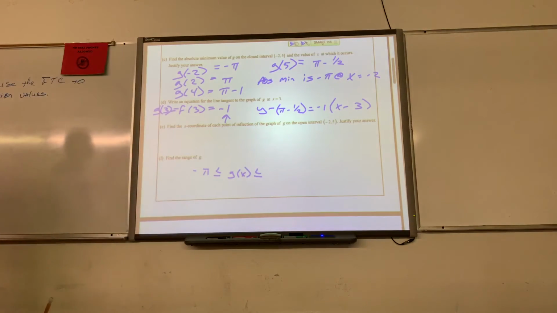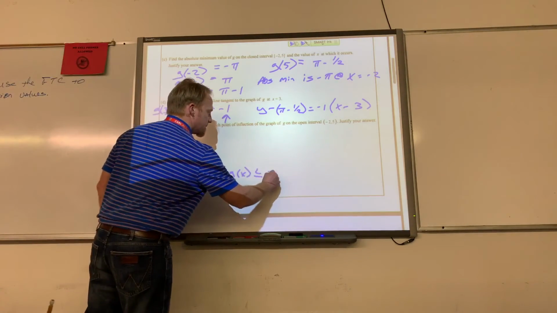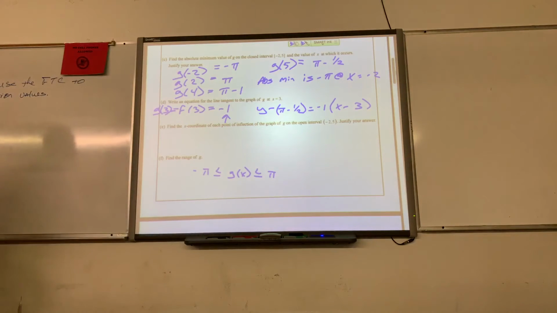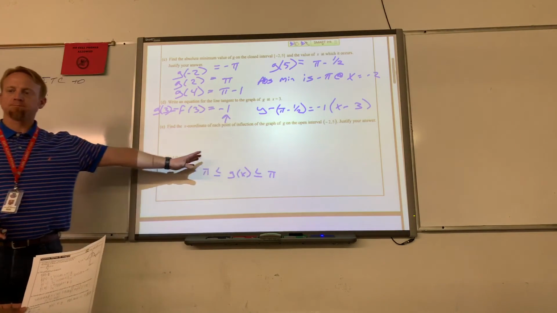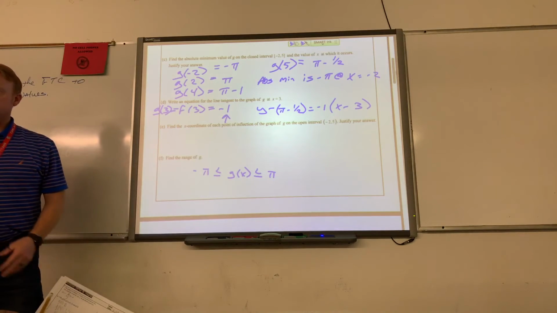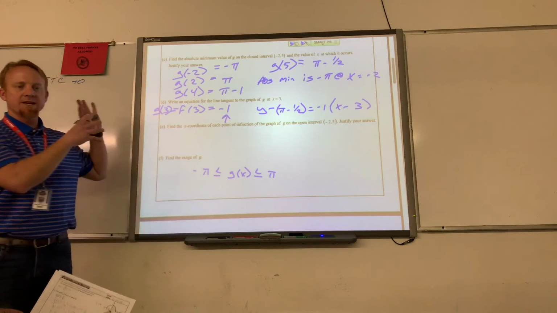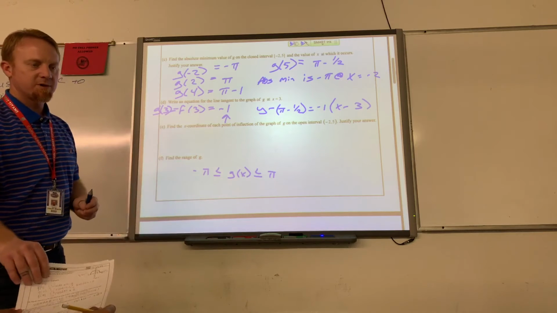And then which one of those is my largest? Pi. So that means all of my y values have to be between -pi and pi. Got it? So again, this is just tying everything in. There's a lot of stuff on that one problem.